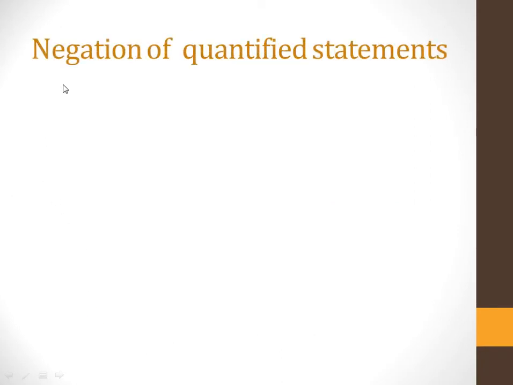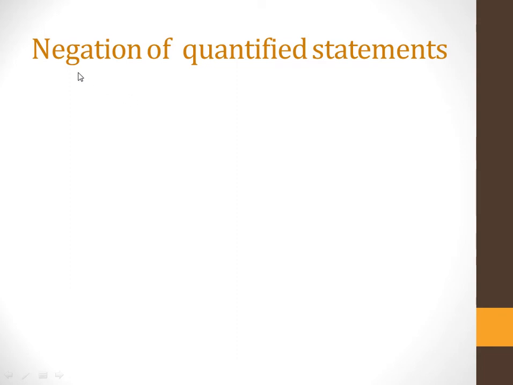Now the last point: the negation of quantified statements. Already you have studied the meaning of quantified statements. There are two quantifiers: one is the universal quantifier and the other is the existential quantifier.